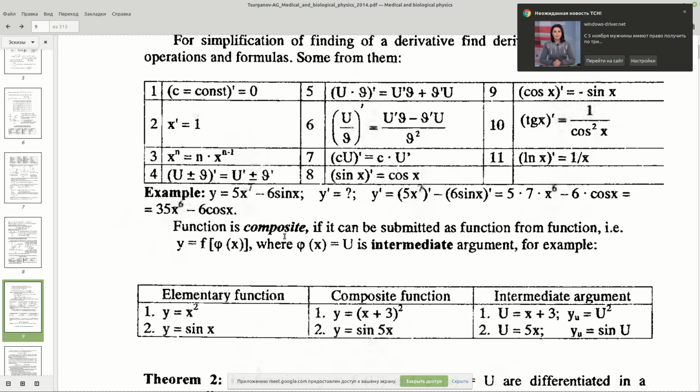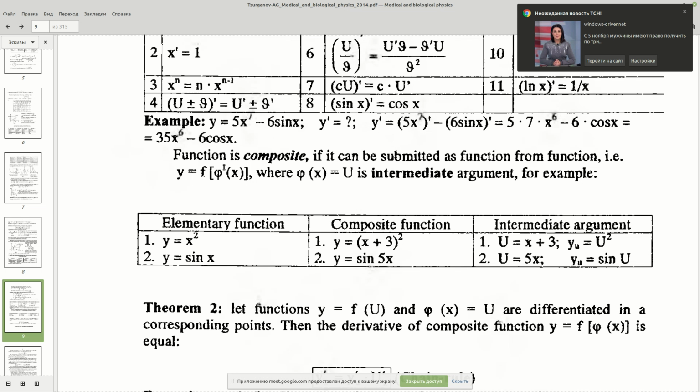For example, x plus 3 squared: squaring is an elementary function, and we can use u equals x plus 3, so y of u will be u squared.